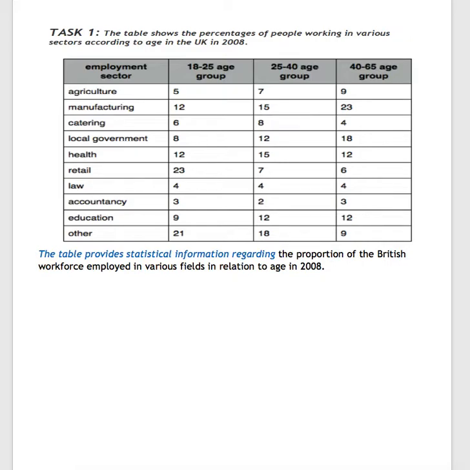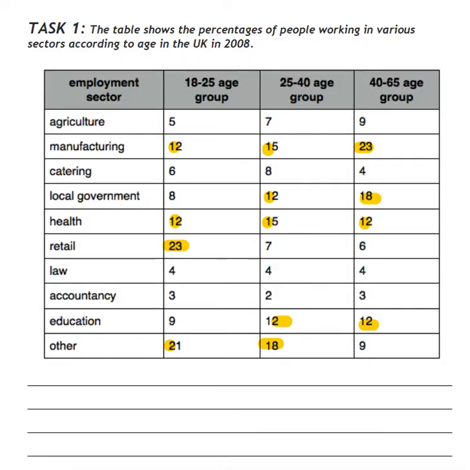All right, so now we need to get to the overview sentence. We need to look at it all. We need to look at it like we did over here in the first part. So we kind of looked at all the jobs. And it seems here that there's a lot. Remember, we can say there's a lot of differences, or there's much change or differences between each group.